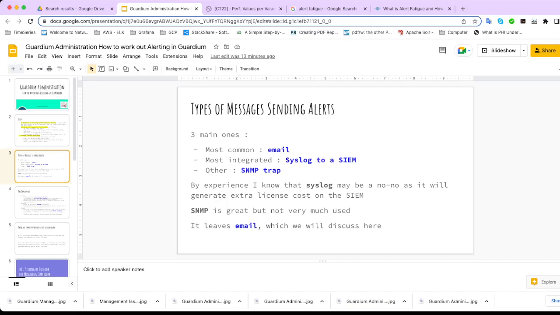So sometimes you are just being told no, don't send to the SIEM. SNMP is a great tool, but it requires an SNMP environment, which companies don't necessarily have. However, companies always have an email system, right? And therefore email is in general the most common, because everything is in place for using it.